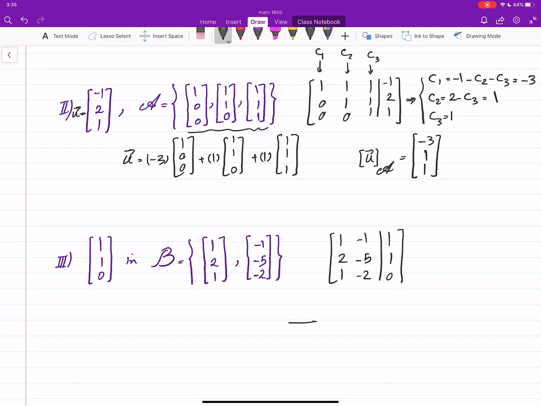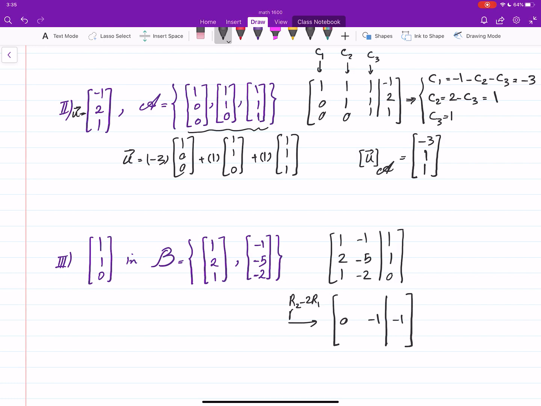We need to solve this. Row 2 minus 2 row 1. This gives us 0 here, this will give us negative 5, this is negative 1, and this is 1 and negative 1.